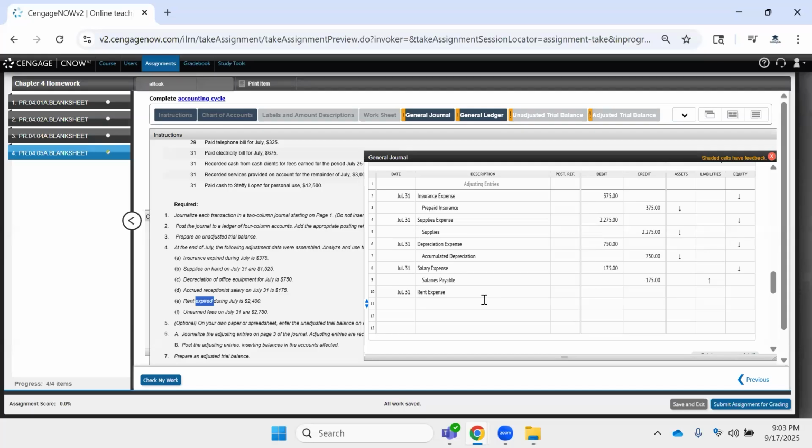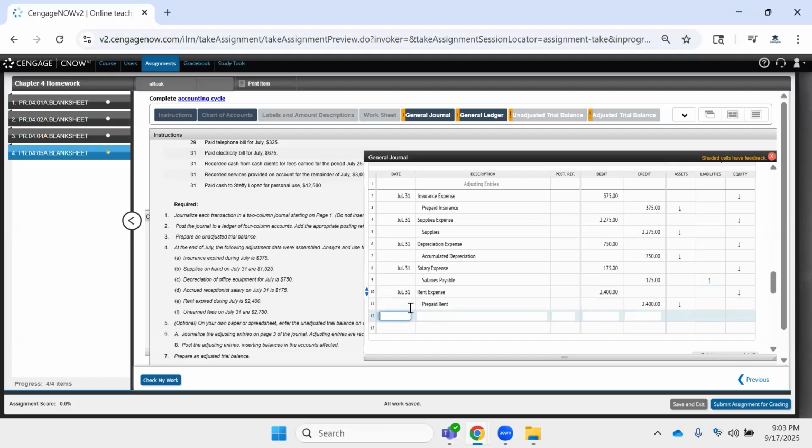But since it says rent expired during July is $2,400, that's an activity-based word. And so that's going to be our amount. Rent expense is our debit. Prepaid rent is our credit.